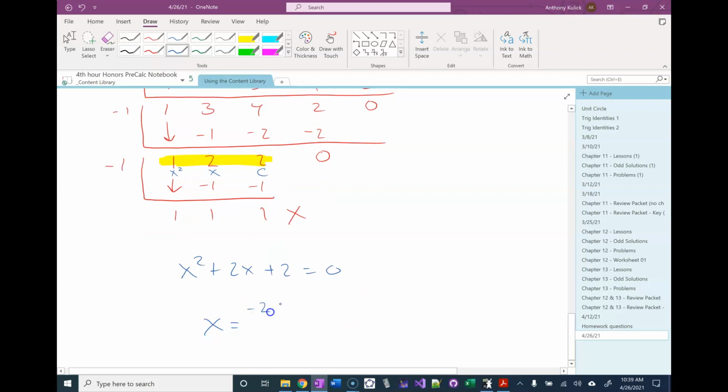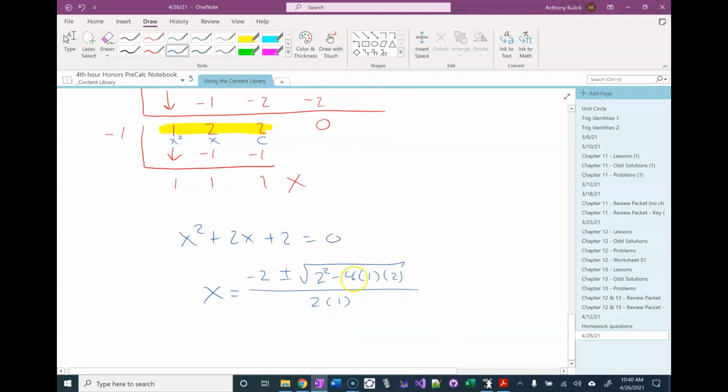So that's not factorable. If it was, the synthetic division would have worked. So I'll use the quadratic formula. So 4 minus 8 is -4.